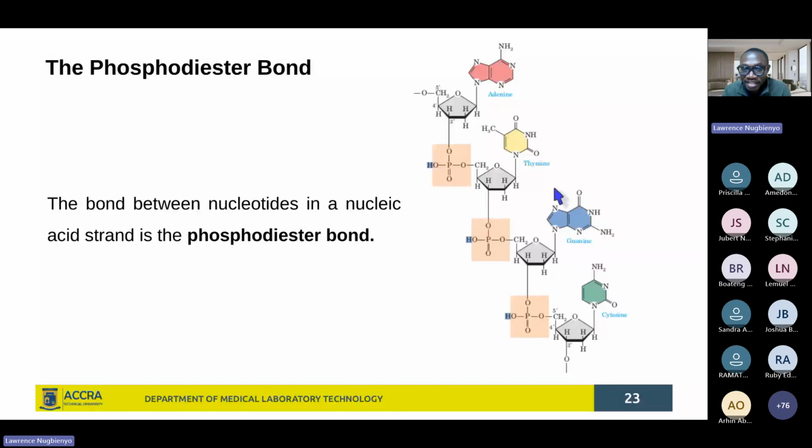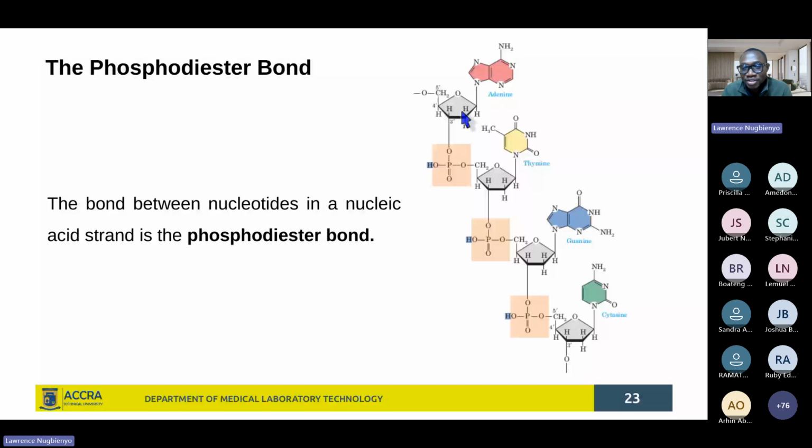But we are actually seeing the full structure of the nucleotides here. So starting from the top, we see a full nucleotide with a base adenine on the deoxyribose sugar.